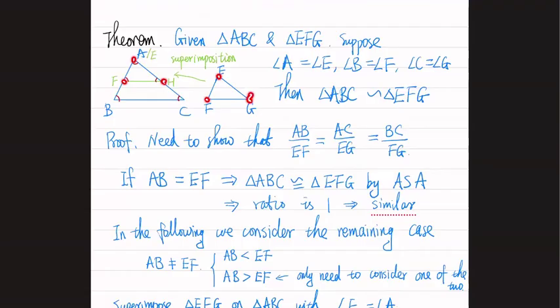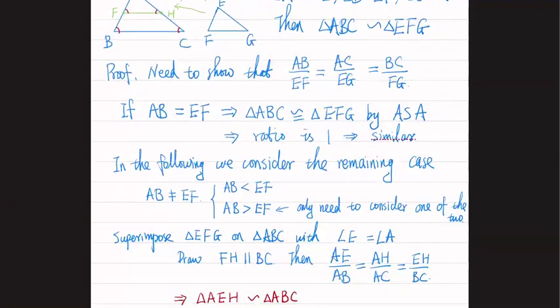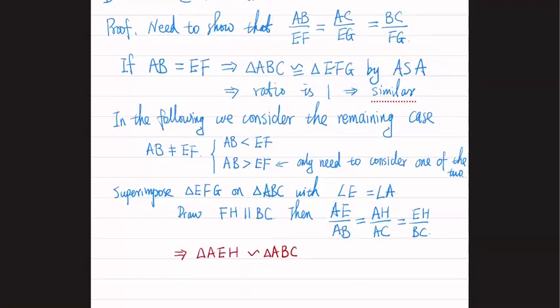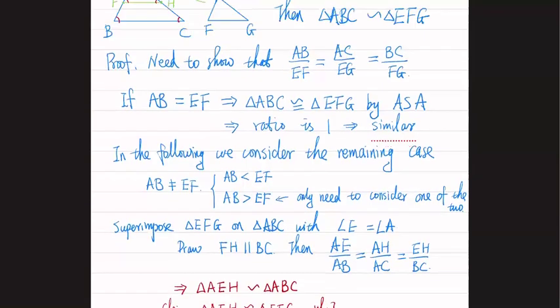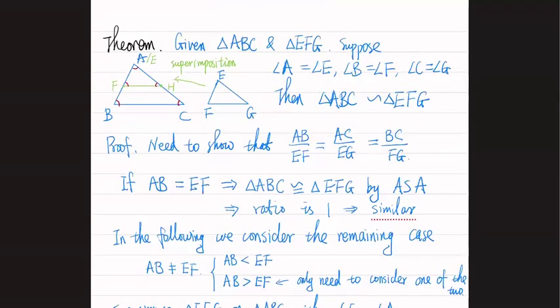Think about why. What theorem do we have to conclude the two triangles are congruent?